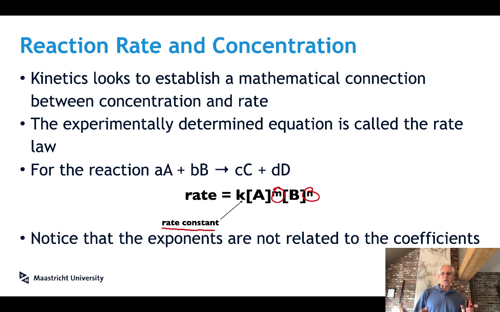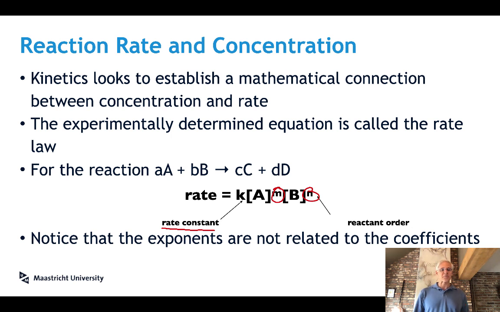Now, very frequently, they will equal the numbers for the balanced reaction, or they'll equal the balancing coefficients. That's strictly circumstance. There is no relationship between the balancing coefficients and the coefficients in a rate law. So you cannot write a rate law with values all the way through just from a balanced reaction.